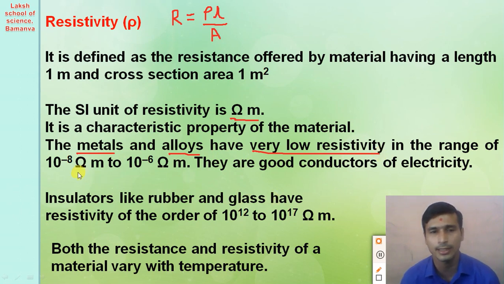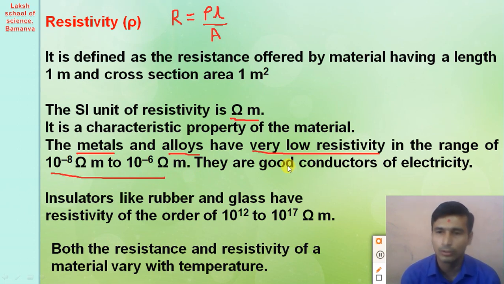Its range lies between 10 raised to minus 8 ohm meter to 10 raised to minus 6 ohm meter. As metals and alloys have a very low resistivity, they have a low opposing power to the electric current. So metals and alloys are good conductors of electricity because they have a very low resistivity.